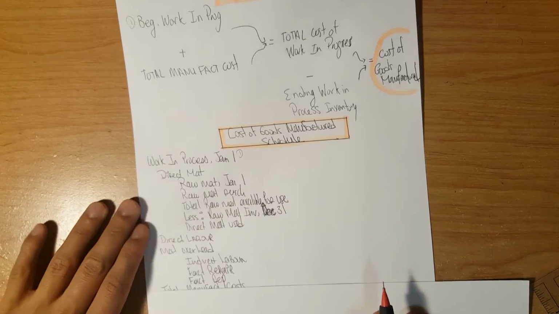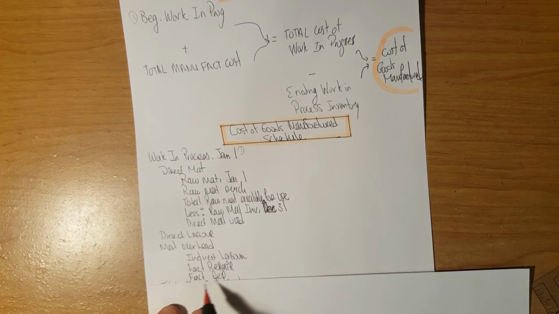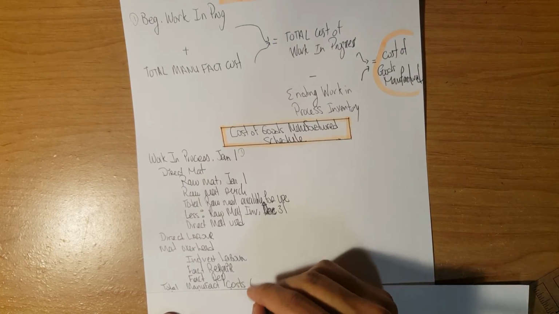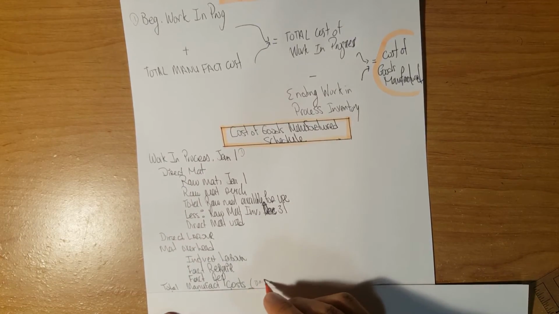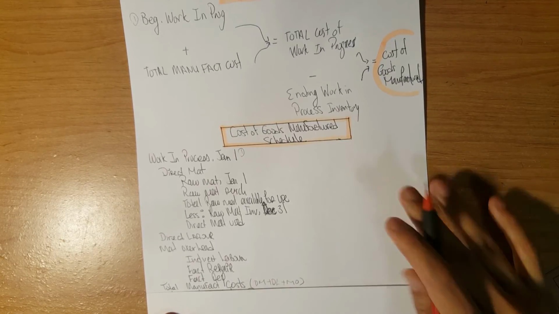So the addition, my mistake. Over here should be written the total manufacturing overhead cost used, then the total manufacturing cost, which is equivalent to direct material plus direct labor plus manufacturing overhead.